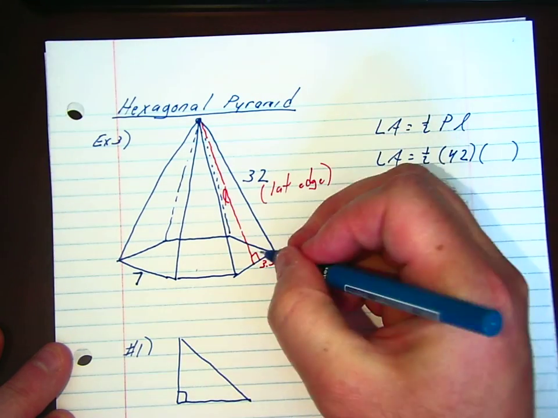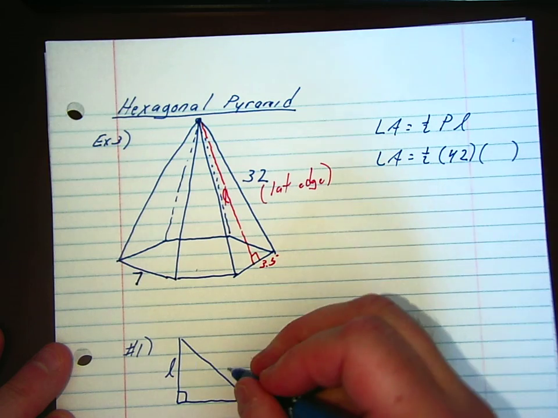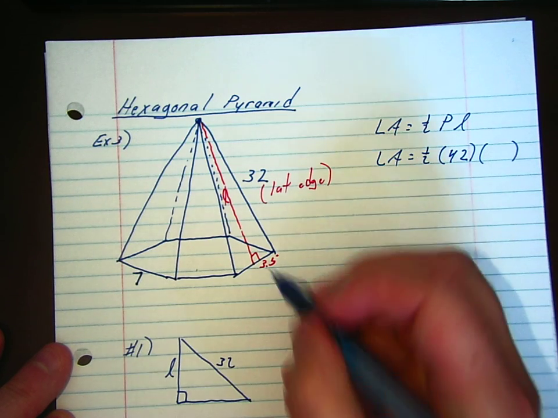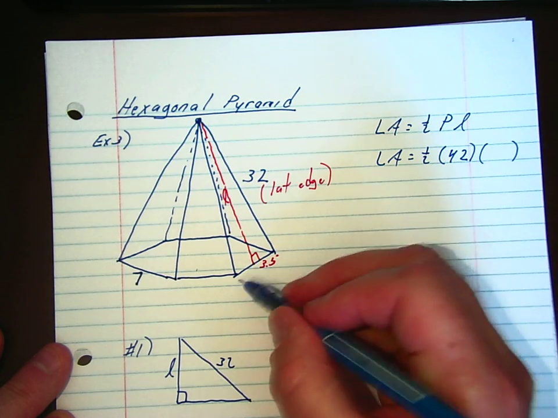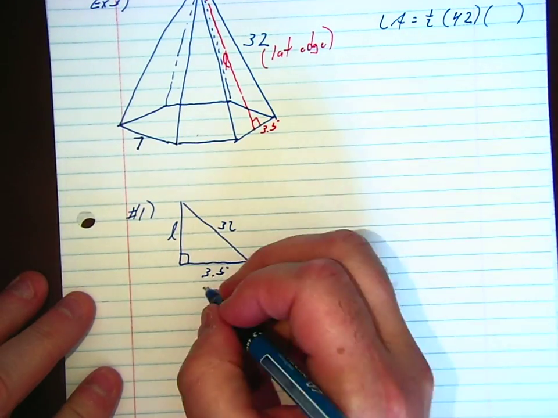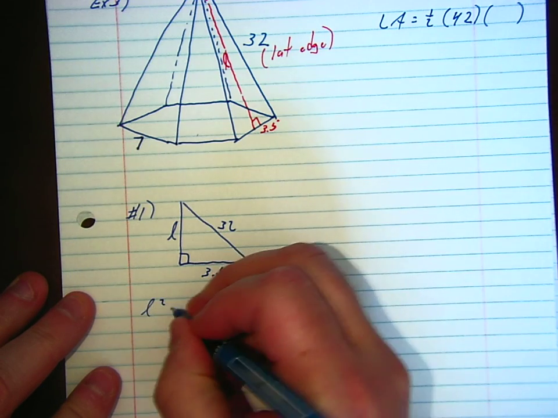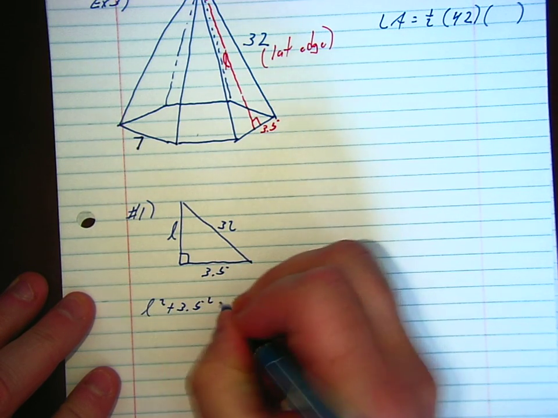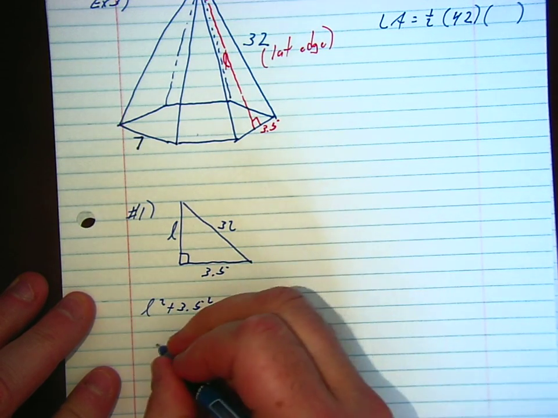There's your L, the one that comes down at the 90-degree angle. There's your lateral edge, the hypotenuse. And this 3.5 is half of the 7. Now we're just doing Pythagorean theorem, and you will have L, and you'll be done the first one. So we got L squared plus 3.5 squared equals 32 squared.